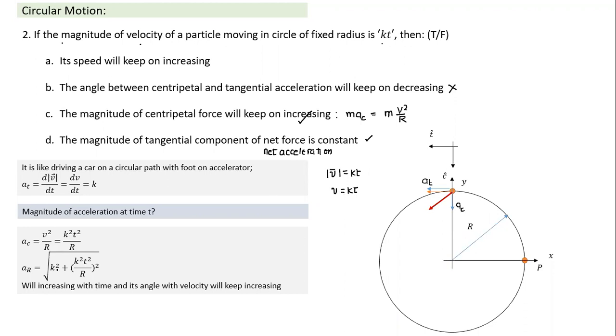Tangential acceleration is constant, k, and the whole thing is squared under a square root. It will keep increasing with time, and the angle with velocity also keeps increasing. If this is the angle between velocity and the resultant acceleration, as centripetal acceleration keeps increasing, this angle also will keep increasing. So these are some things we can understand about uniformly accelerated circular motion.